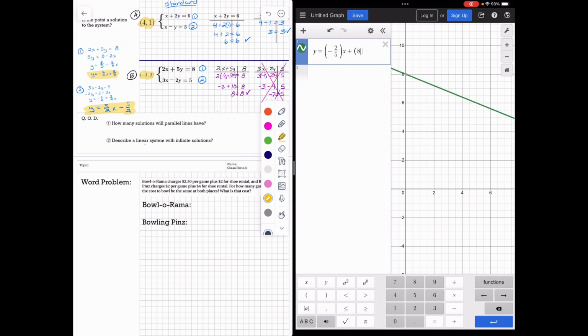And you've heard me say this over and over. If you have a fraction and you're putting it into the calculator or you're putting it in Desmos, use parentheses. So there we go. That's our first line.